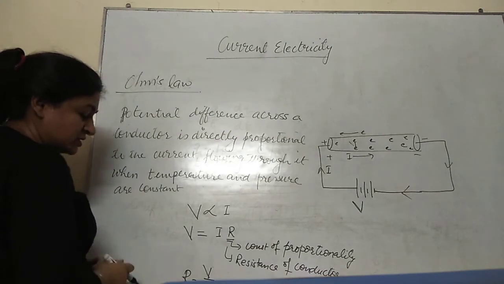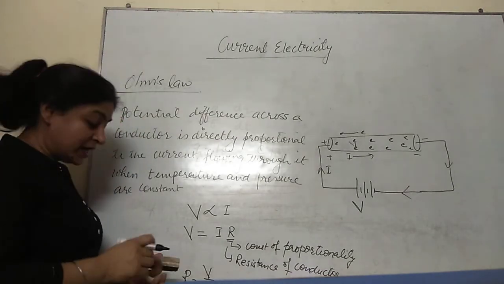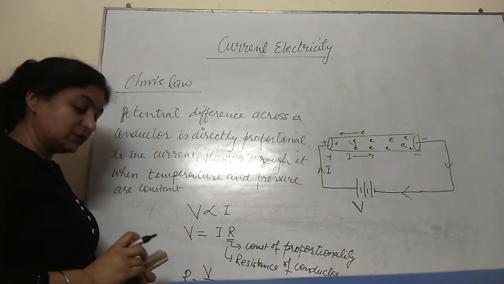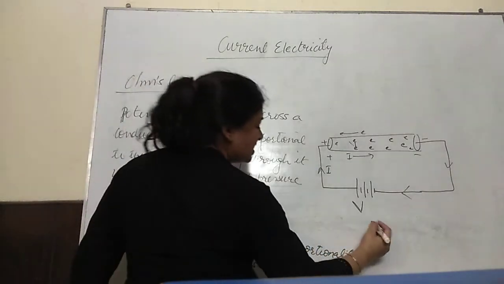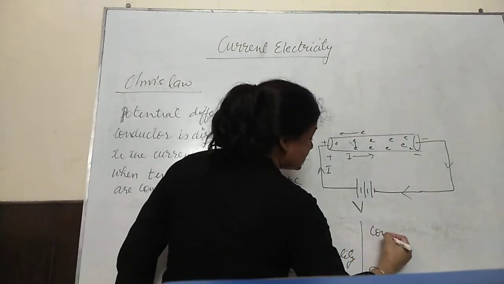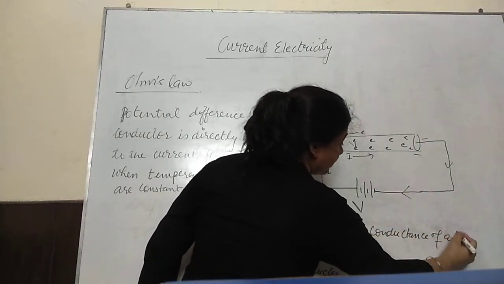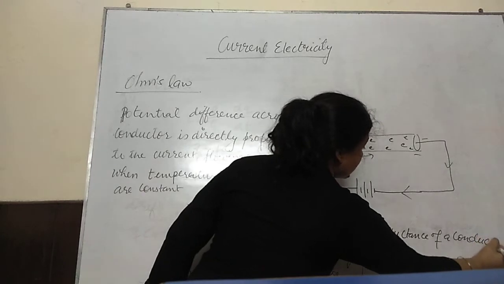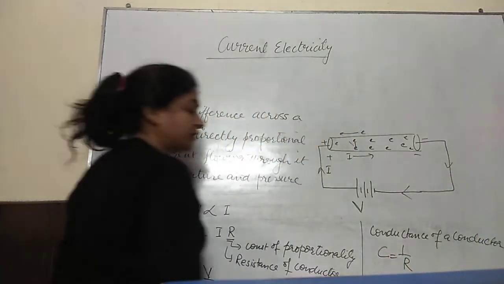And some more things about resistance. Resistance is the hindrance in the flow of the current. And the reciprocal of resistance would be the ease with which the current is flowing, and that is called the conductance of a conductor. So conductance is the reciprocal of the resistance.